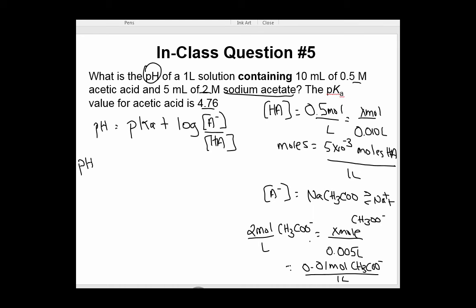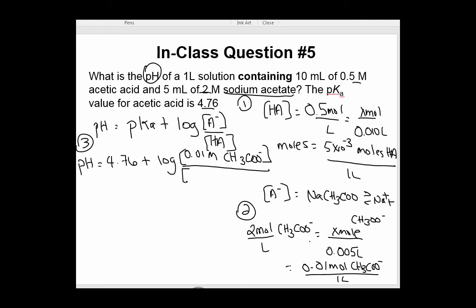I'm solving for pH. So that's step 3. My pKa is 4.76 plus the log. Make sure you put the correct value on top. So the numerator is our acetate ion. Because it's a 1 liter solution, it's 0.01 molar acetate, divided by our weak acid, which is acetic acid, 5 times 10 to the negative 3 molar.